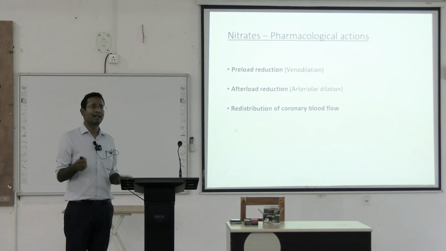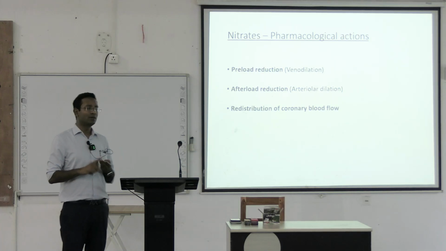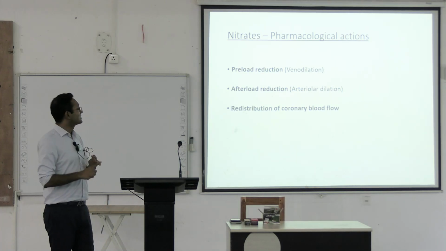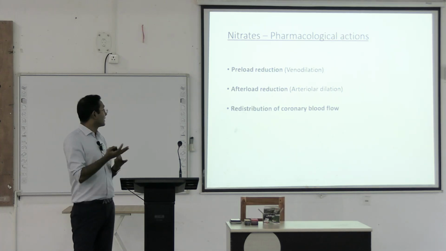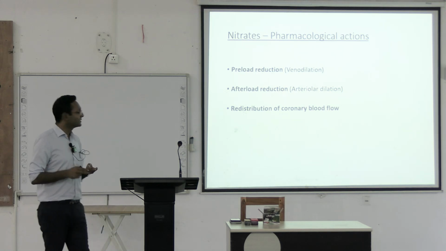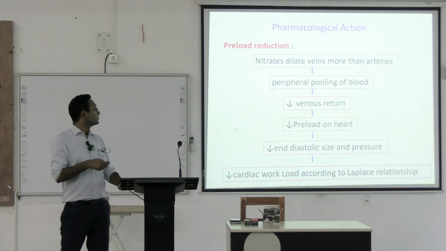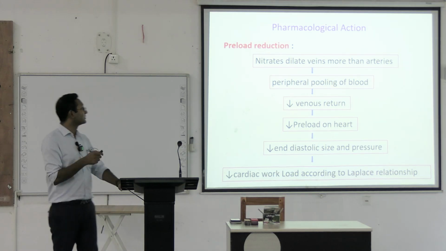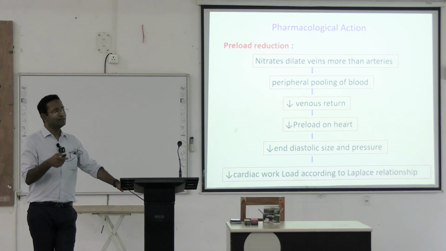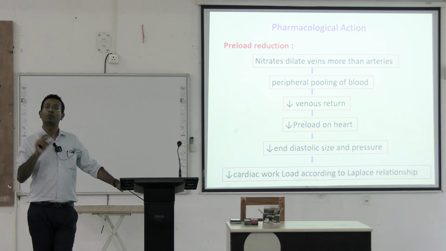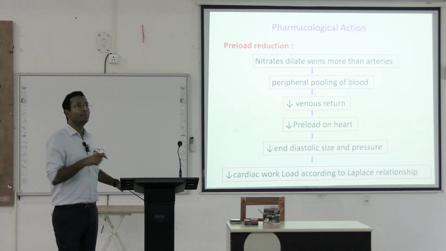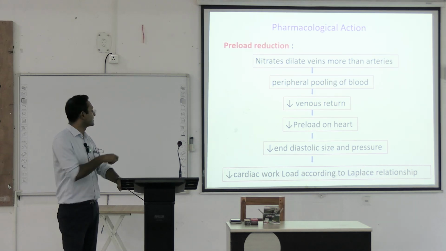Now, the pharmacological actions: the nitrates work by three methods. Preload reduction, afterload reduction, and dilatation and redistribution of the coronary blood flow. So, first, the preload reduction. Nitrates dilate the veins more than the arteries, more venodilation. So what happens? Peripheral pooling of blood happens.